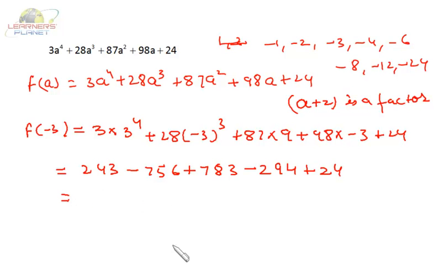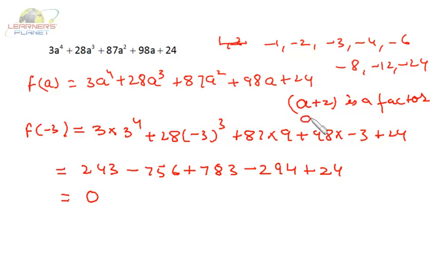So now let's calculate this. We are getting 0. That means if we put a equal to minus 3 in this polynomial, we are getting 0. That means a + 3 is also a factor.